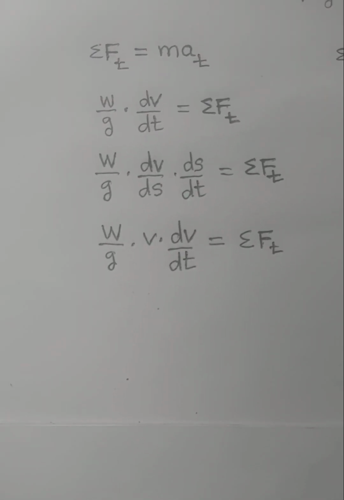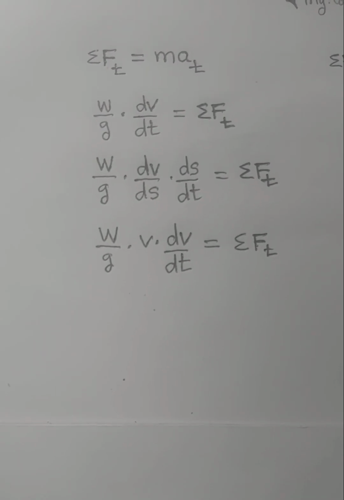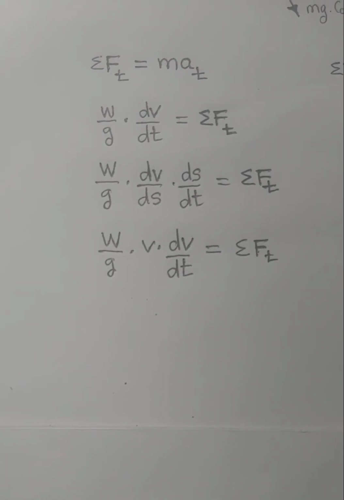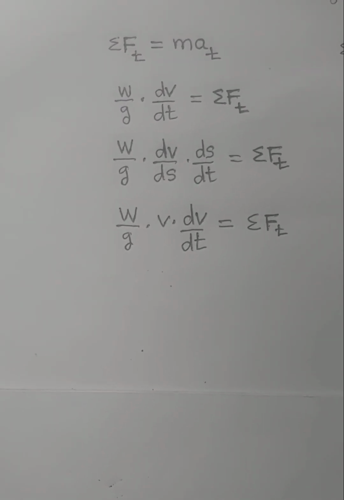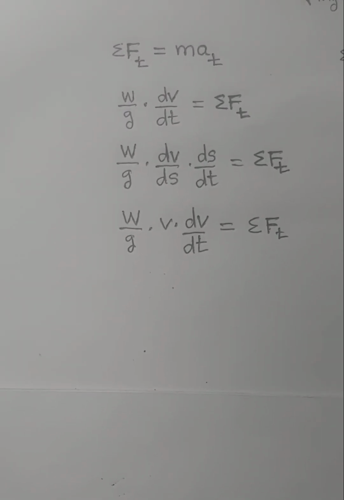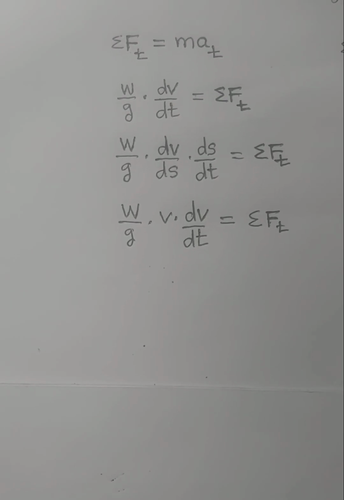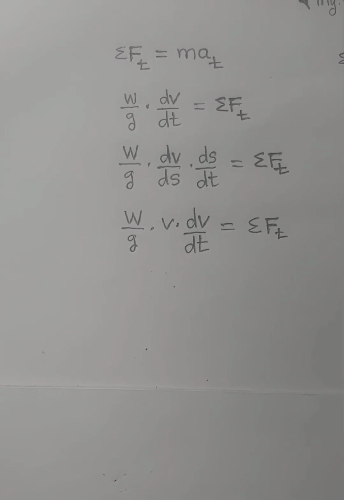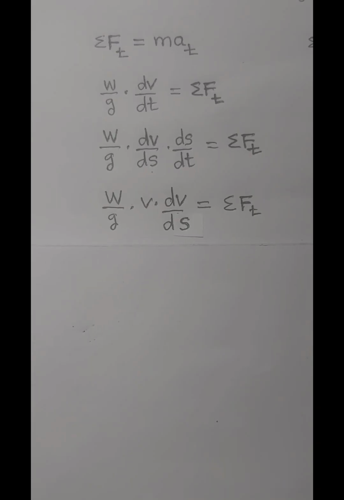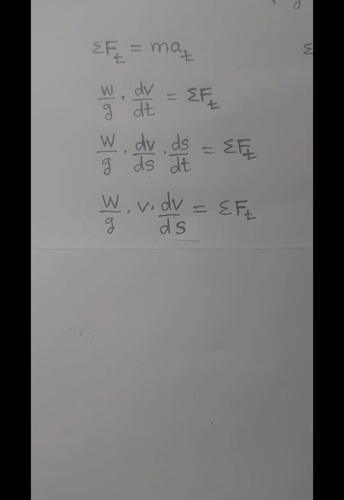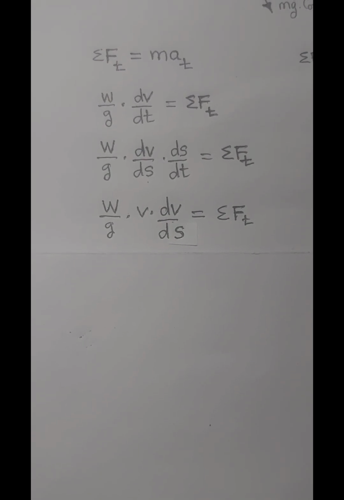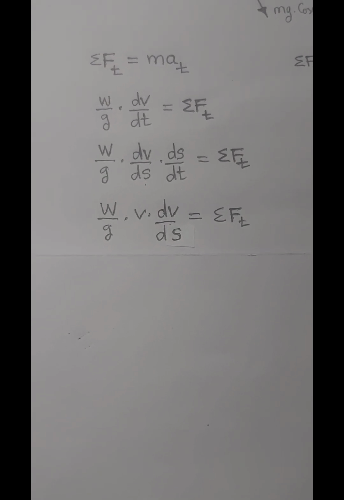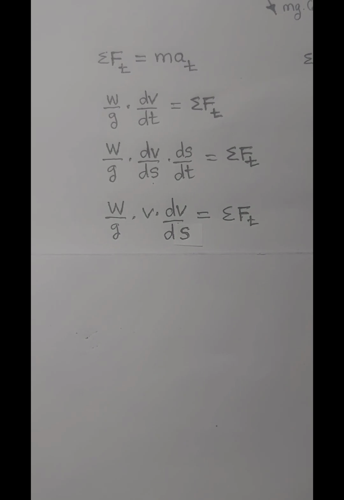In the left part of the equation, dt is dividing dv. When you take dt to the right part of the equation, dt multiplies summation Ft. In the left part of the equation, ds is dividing dv. When you take ds to the right part of the equation, it multiplies summation Ft.